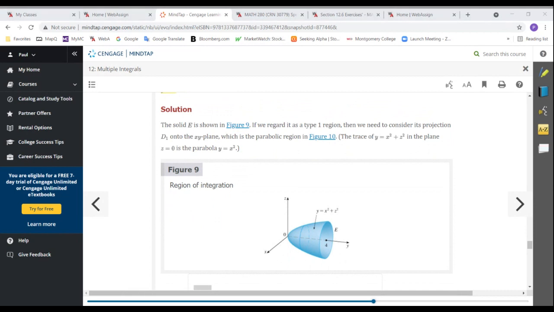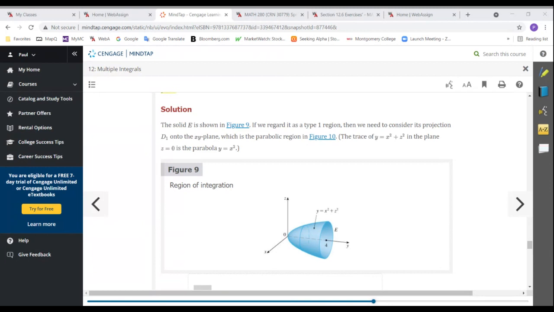That's right, Ryan. It's a type 3 region. And so that means that we should integrate with respect to y first.